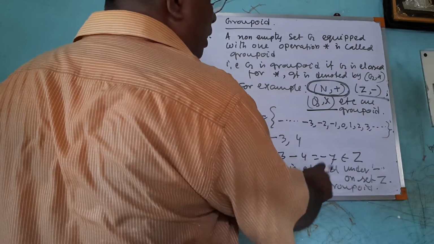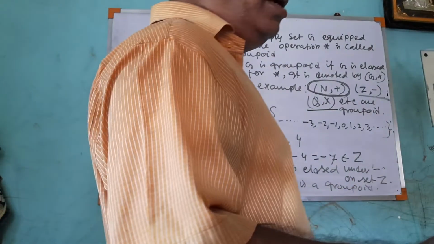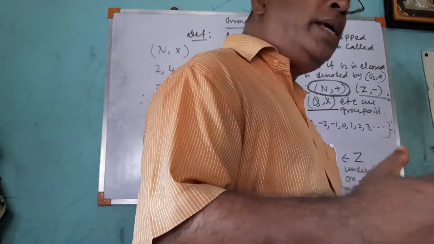Now here I have taken Z minus, which is a groupoid. Suppose you ask me, sir, is Z plus a groupoid? Yes, you can check it.